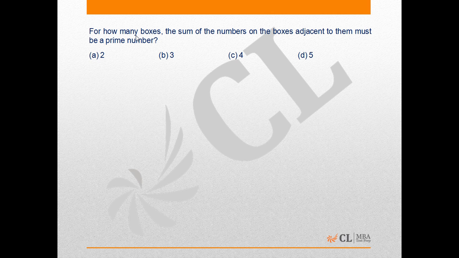In the last question it is asking for how many boxes the sum of the numbers on the boxes adjacent to them must be a prime.